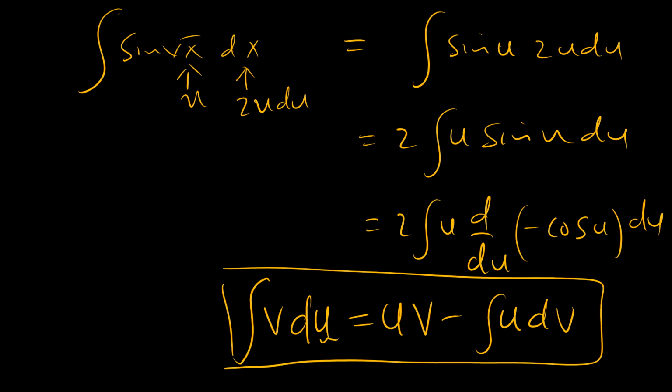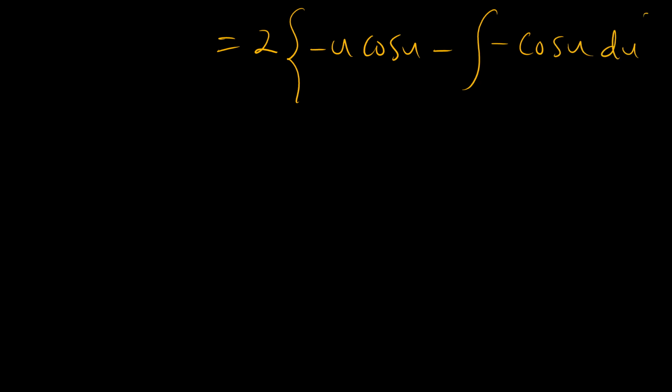So in this instance, our v is going to be equal to negative cosine u, and what that means is that we do have 2 big bracket here, negative u cosine u, and then minus, so the derivative of u with respect to u is going to be 1, times negative cosine u.